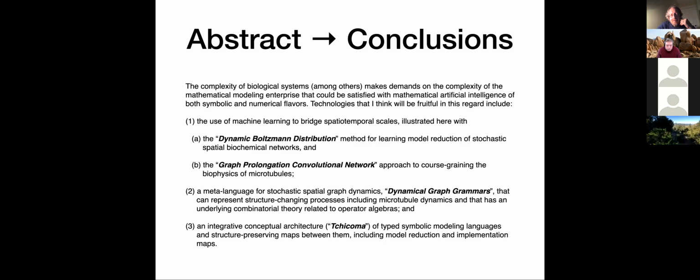And then, much more speculatively, of course, are the steps towards this integrative conceptual architecture, which would be how you could really leverage all of these things in order to make a sort of artificial intelligence of mathematical modeling of complex scientific situations.